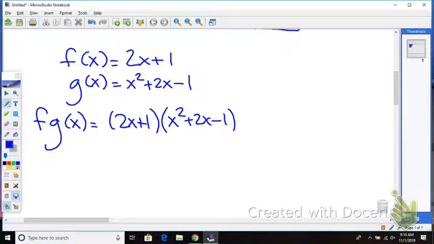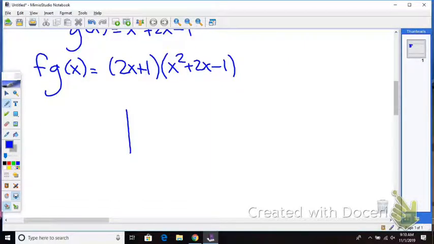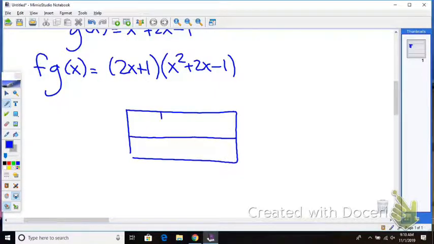When I have something like this, that it's not a binomial and a binomial, meaning two terms and two terms, I always use the box method, just because I don't want to get confused with my distributing. So if I have this, I'm going to put my three terms up here, and my two terms on the side, and then I'm just going to multiply together.